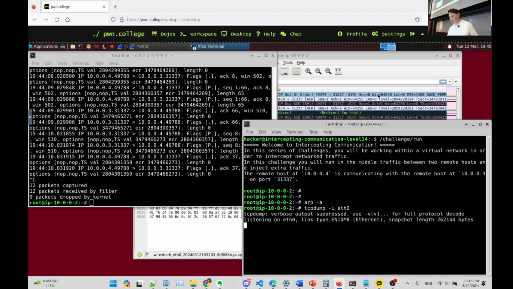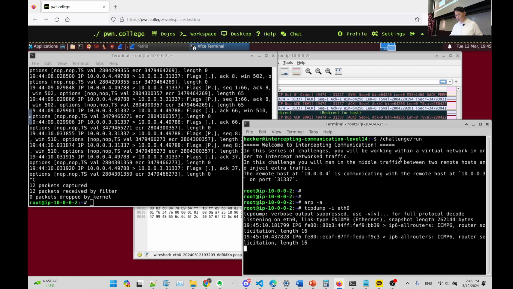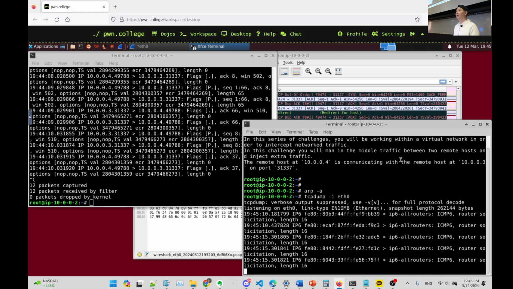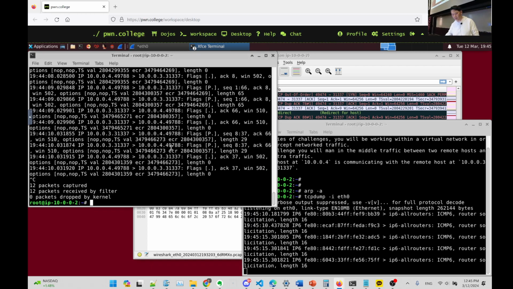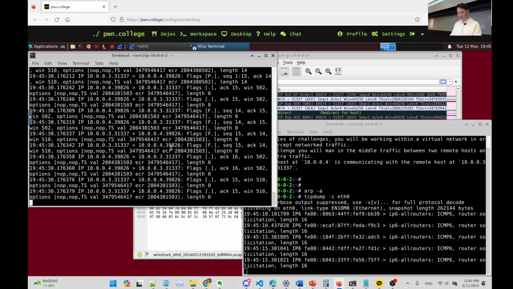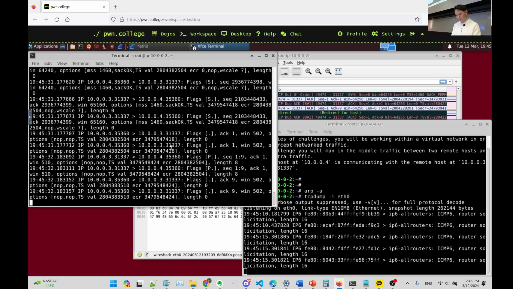So this is the status before the spoofing. So it cannot monitor any traffic between the IP addresses 3 and 4, right? But after spoofing this virtual network, I can hear the traffic, right?